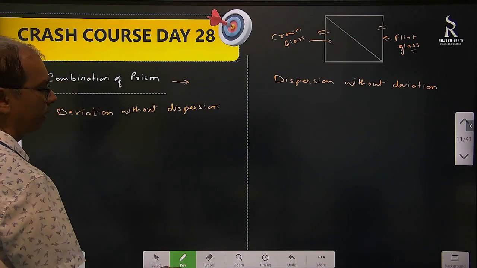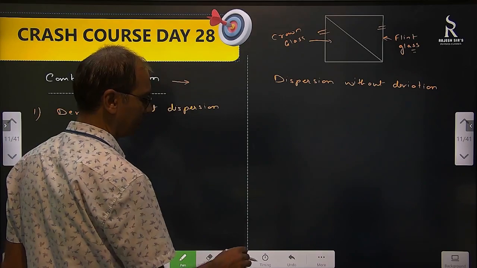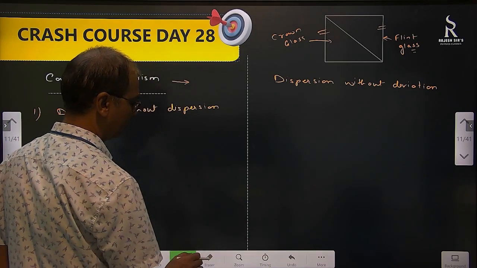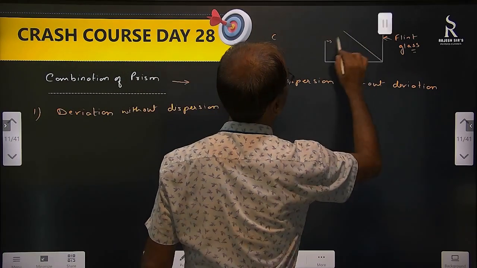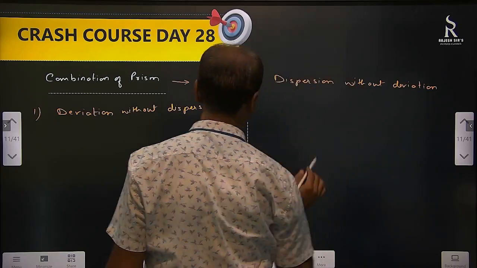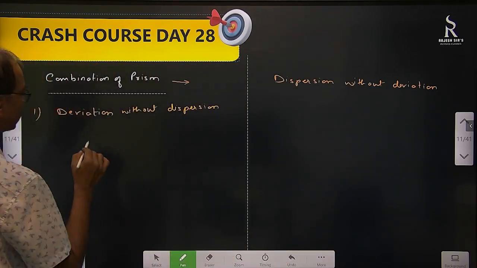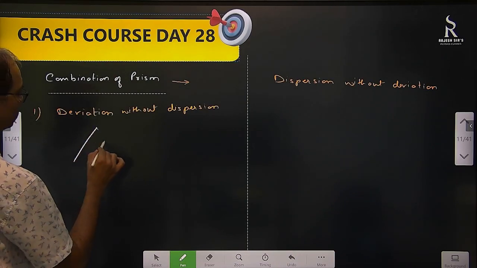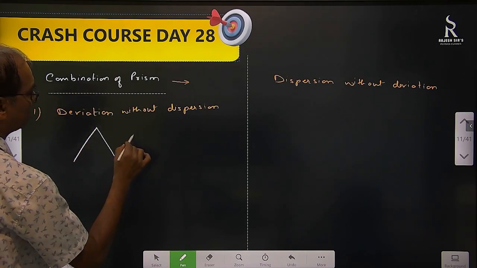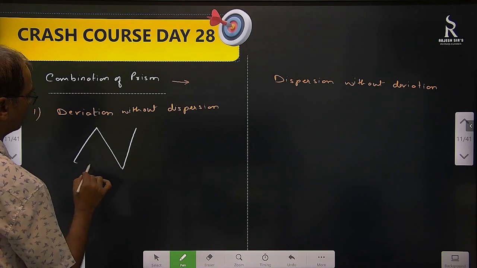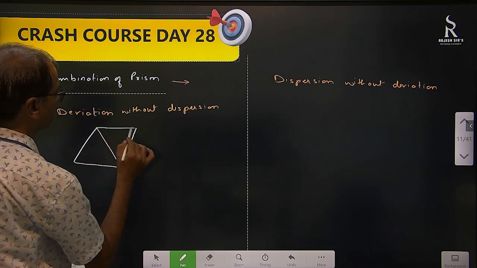Actually, if I make it freehand, that will be better. So here it is, one prism. And this is the another prism. It's like this.